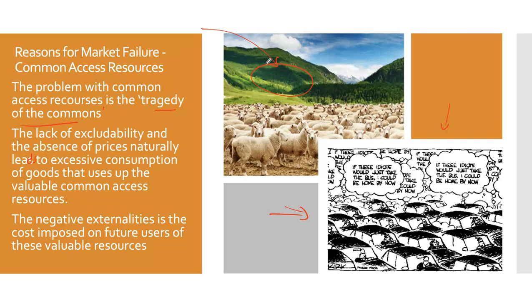But what would happen is every farmer would take their livestock there. It was free. They didn't have to maintain it. There was no incentive to maintain it because others weren't doing it. So each time the commons were used, they weren't looked after, they weren't respected, and the resource was depleted for future users.